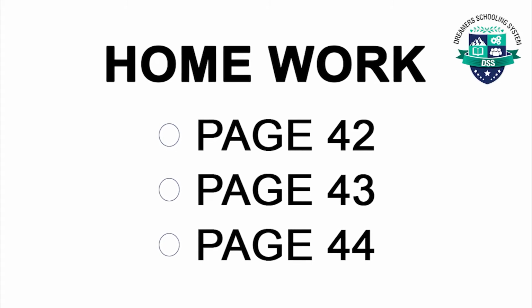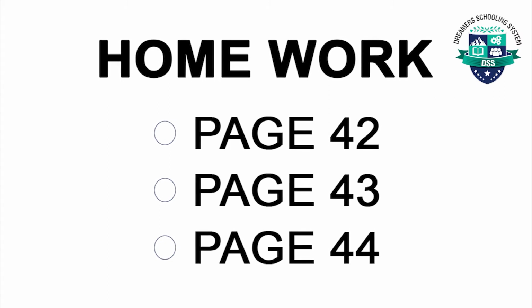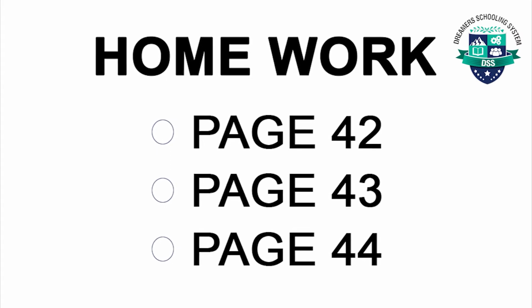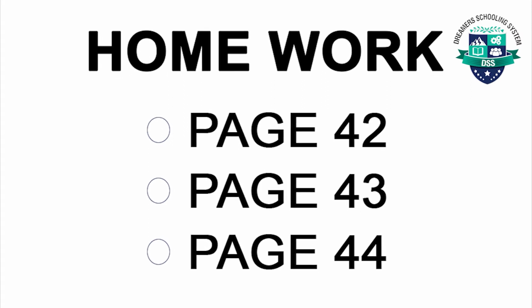This is your homework. Do it yourself and I will provide answers also, but first you have to do it yourself and then you can match your answer with mine.